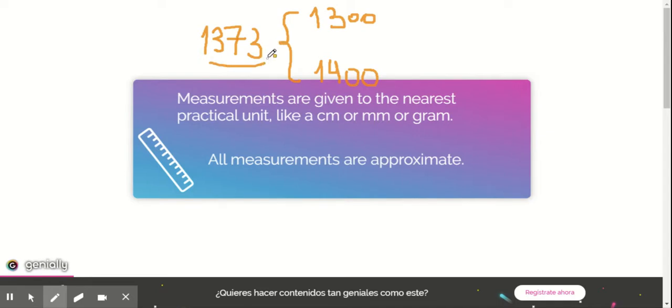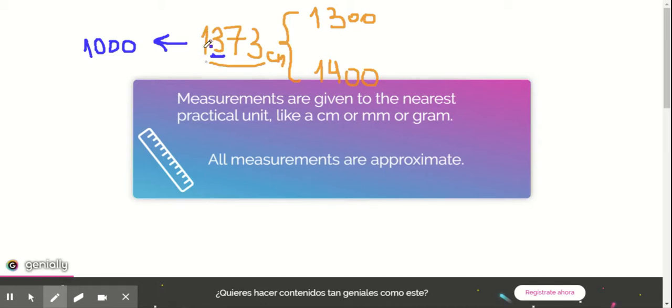Imagine these are centimeters. Okay, perfect. Remember that when I wrote this number like this, I wrote 1,000 because I took number 3.